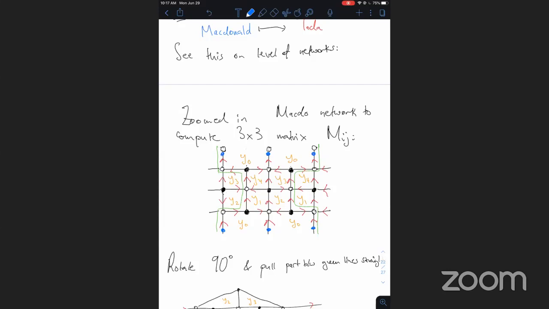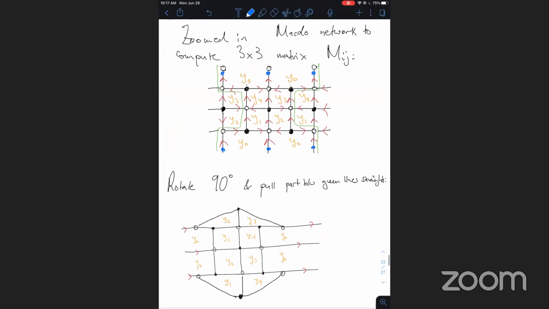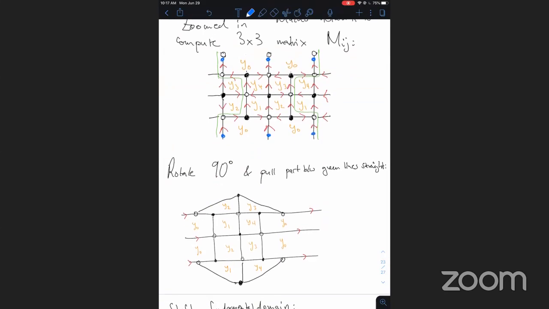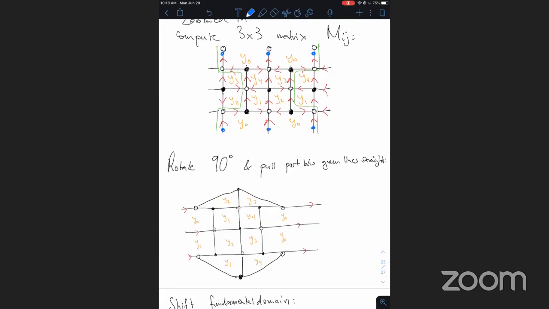To make this look more like something in the world of factorization in Lie groups, let's do something purely cosmetic: turn our heads 90 degrees and pull the green line straight. When we do that, we get a picture of the following form. Ignoring the boundary faces on top, this really does look exactly like the factorization of an element of GL3.